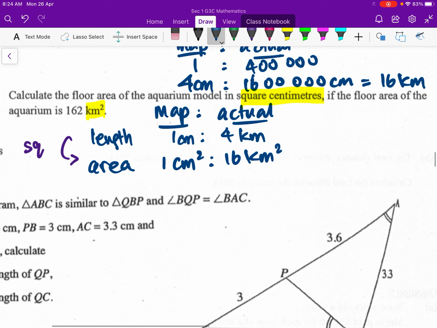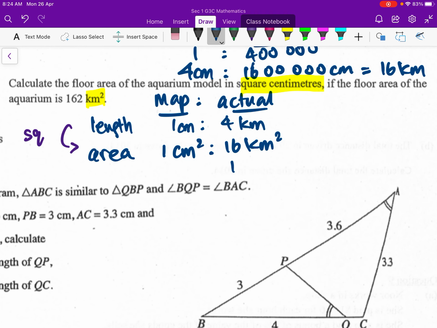Okay, now next, they tell us that this being 162 square kilometers, then what is the area on the map? So now you can use your direct proportion. 162 divided by 16 times 1. So 162 divided by 16, 162 over 16 square centimeters.